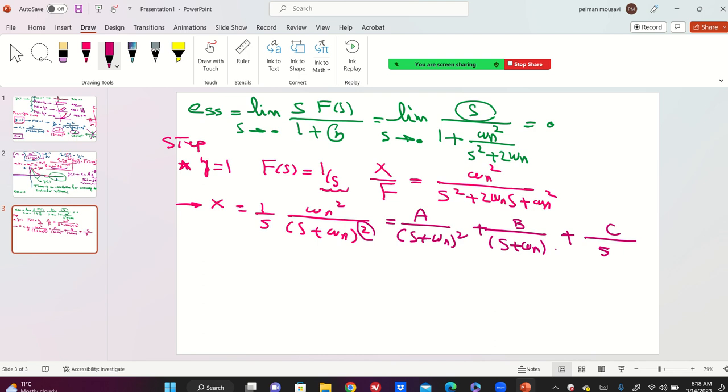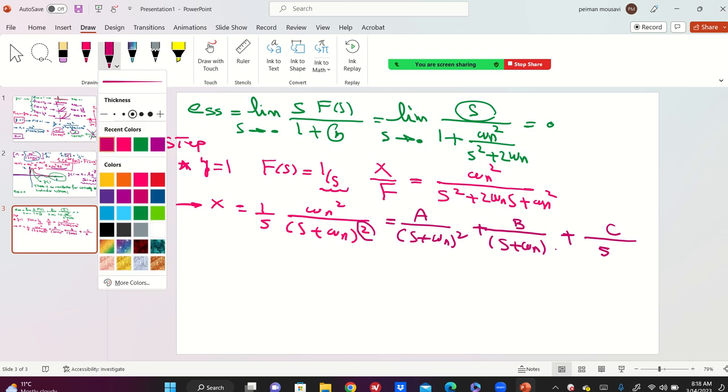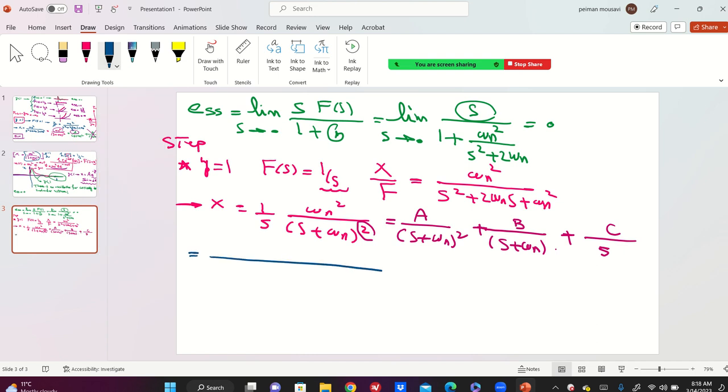You have to calculate it. So you can write it as: A times s, plus B s times (s plus omega n), plus C times (s plus omega n) squared.